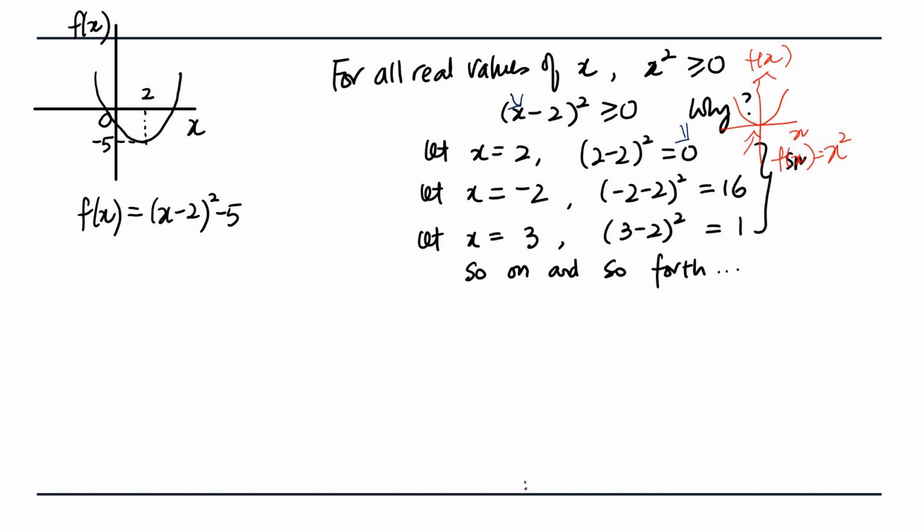If you compare all the answers 0, 16, 1, you realize that the smallest value is 0. Therefore, (x minus 2) squared will be greater than or equal to 0. Okay, so what we're going to do now is subtract 5 on both sides of the inequality.